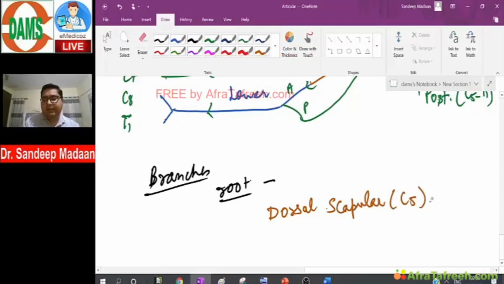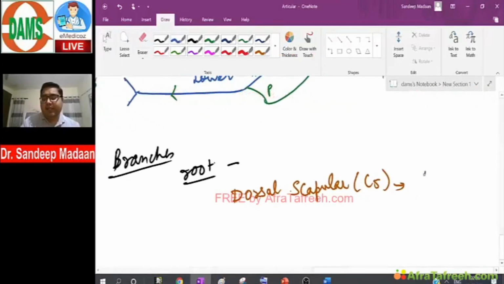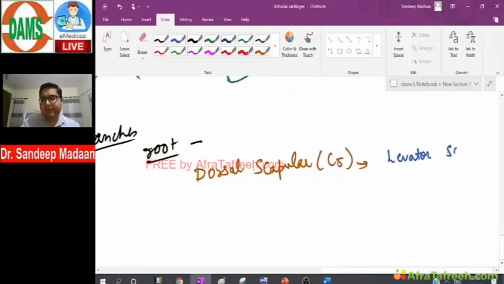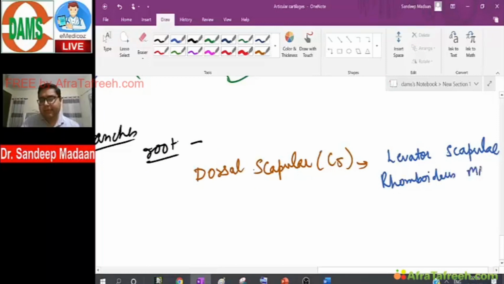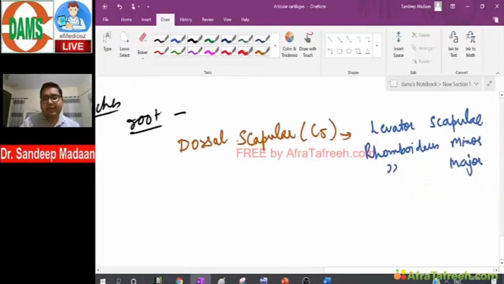It supplies the levator scapulae muscle and the rhomboideus minor and rhomboideus major.